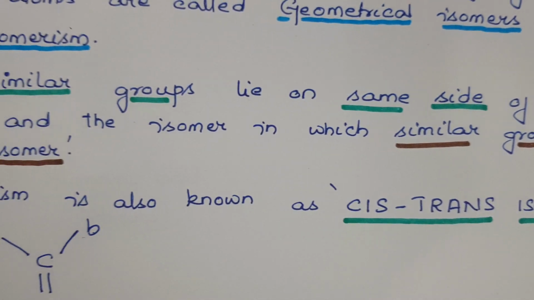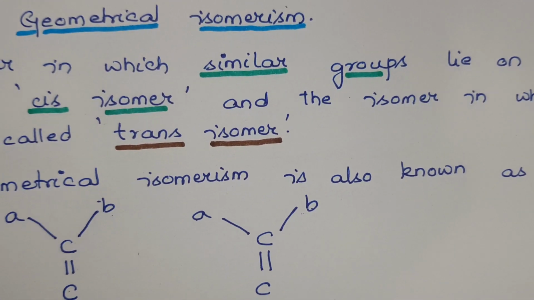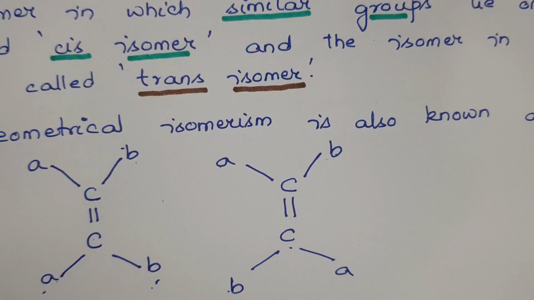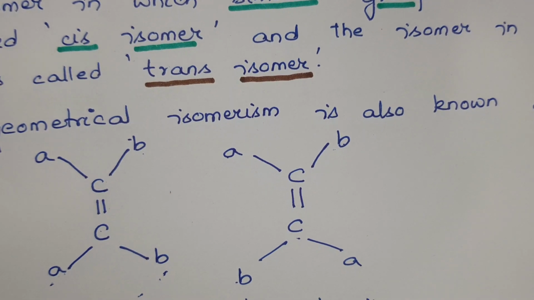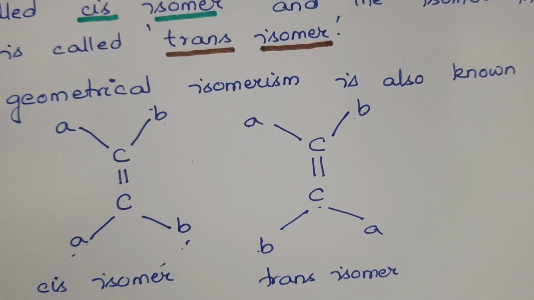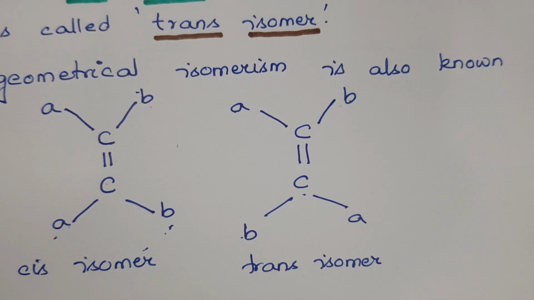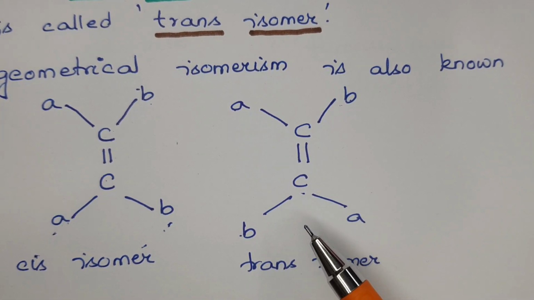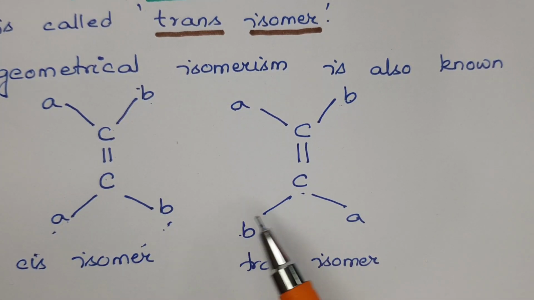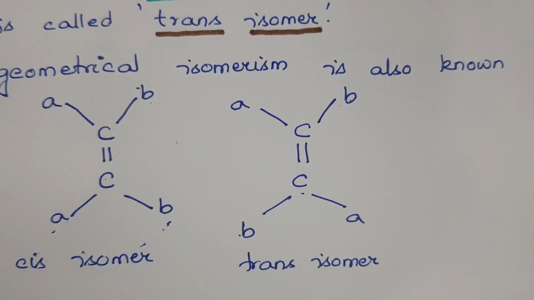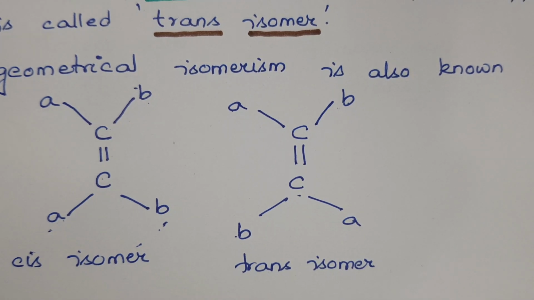Okay, so below that, draw these two representations, students. Below the first one write cis isomer, and the right side one is the trans isomer. If you see these two representations, immediately you will have a clear-cut idea about geometrical isomerism.